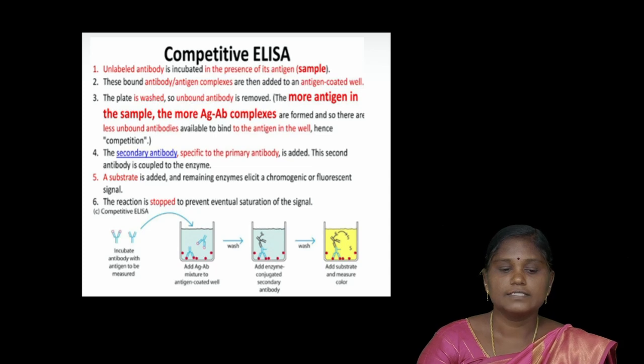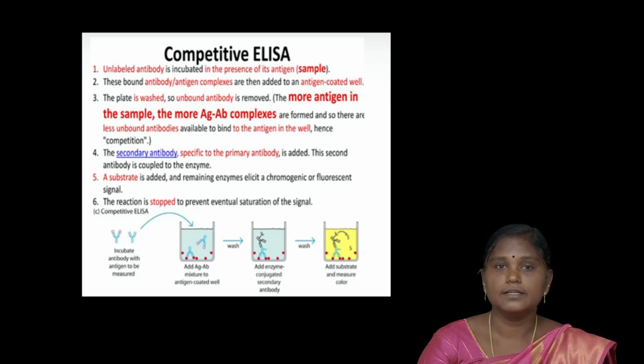Then there will be the addition of secondary antibody specific to the primary antibody. This secondary antibody is coupled to the enzyme. In the third step we are adding the antigen, okay, then we are doing the washing step.